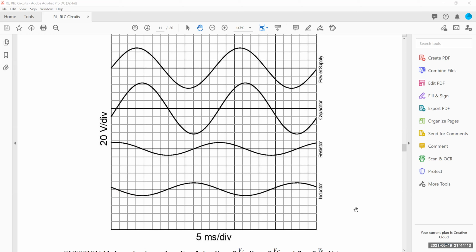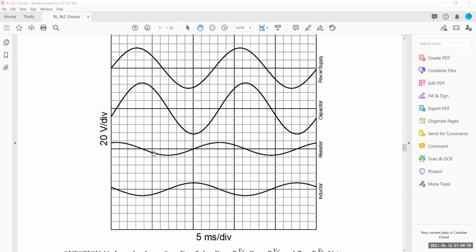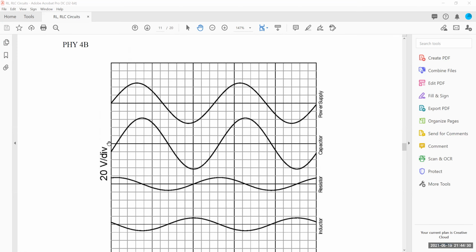What I mean by that is, this whole thing is a division. So there is 20 volts. So from here to here is 20. So this is 10 volts.